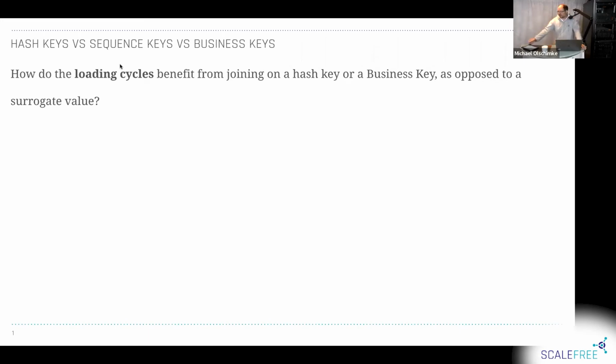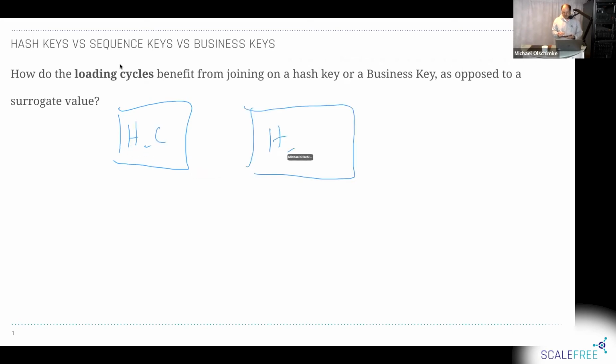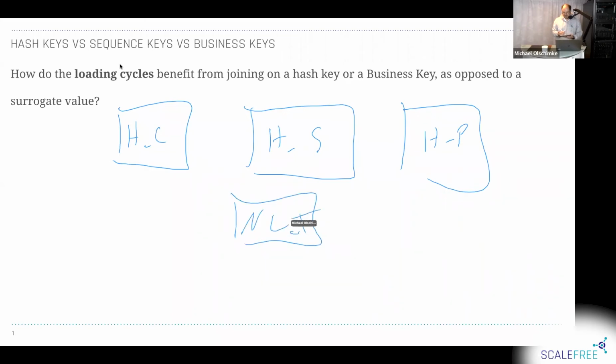The problem with the sequences is that when you load a data model, let me just draw this up a bit. Let's say you have a customer walking into a store purchasing products. There's a hub customer involved somehow, a hub store, hub product. And there's a link involved, a non-historized link for the transaction.